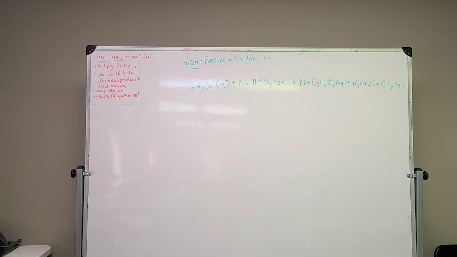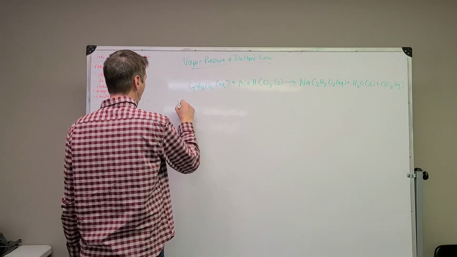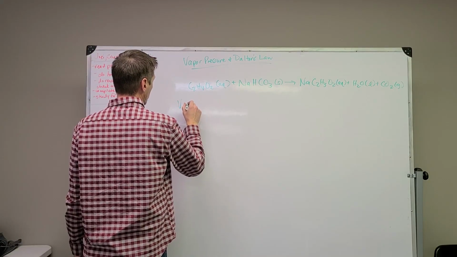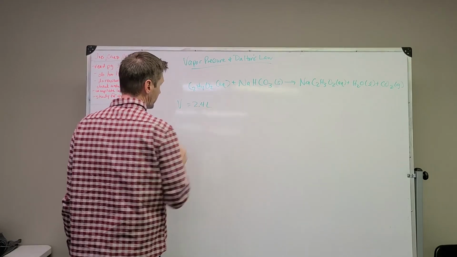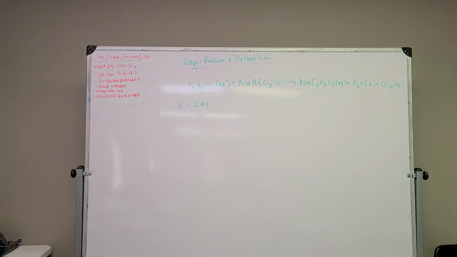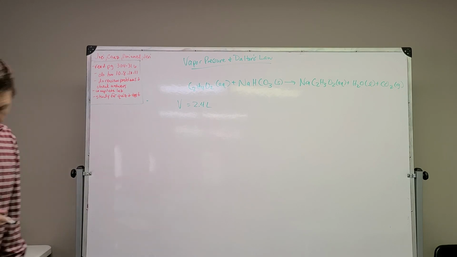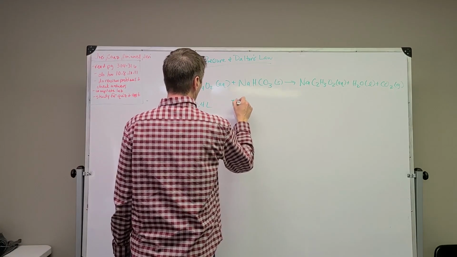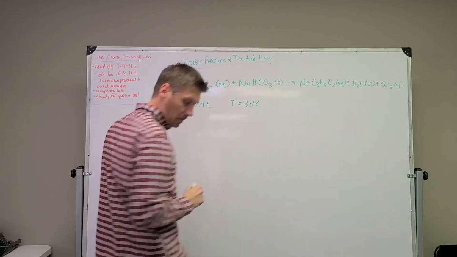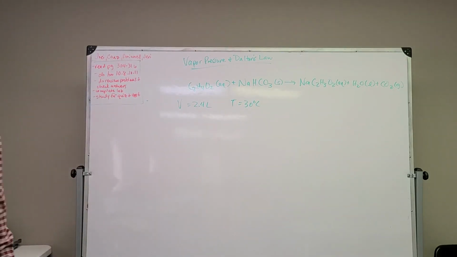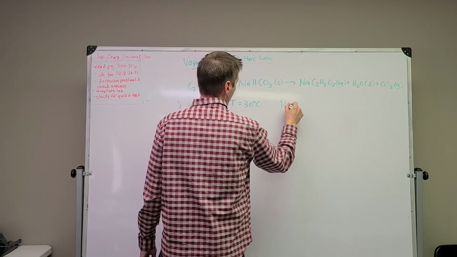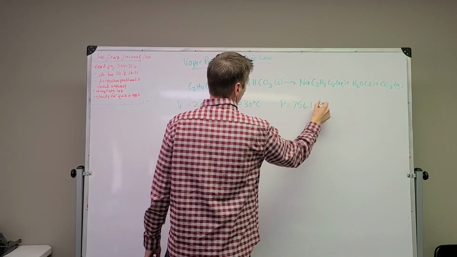No stoichiometric coefficients on the front. Interesting. So the chemist collects 2.4 liters of the gas produced over the water in which the reaction took place, at 30 degrees Celsius and a pressure of 756.1 torr.